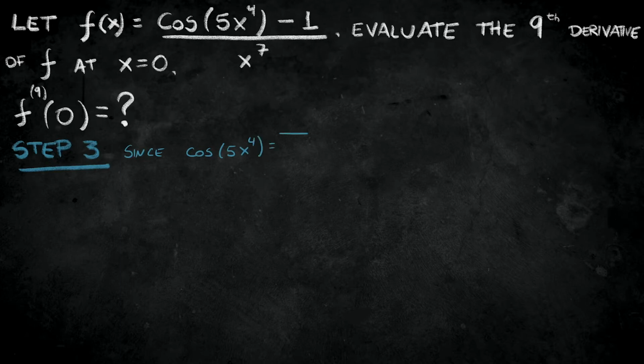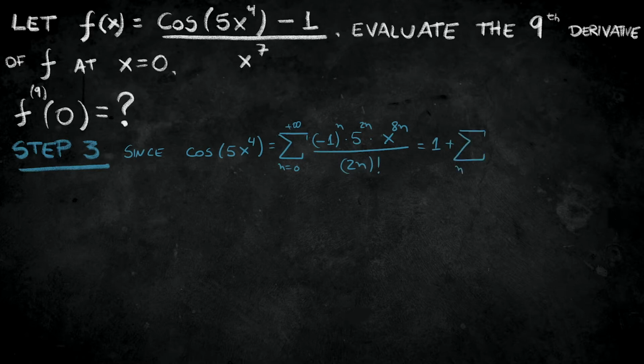If you plug in 0, we're going to have 1, because minus 1 to the power 0, 5 to the power 0, x to the power 0 over 0 factorial is 1. Now we have my series starting from 1 to positive infinity of minus 1 to the n, 5 to the 2n, x to the 8n over 2n factorial.